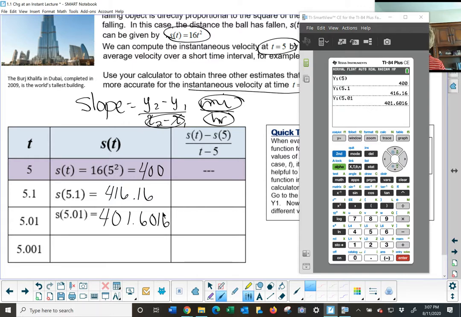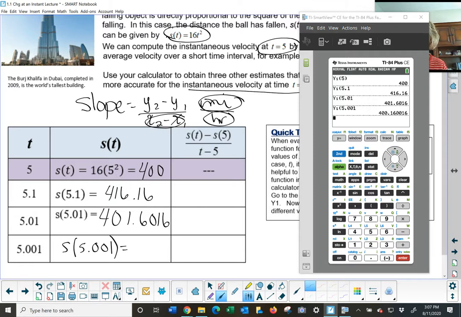Then, I see there's one more. Let's do alpha, trace, get the y1 function, parenthesis it, 5.001, and enter. You'll notice you do not have to close parentheses on our calculator. The programming language is such that it is not necessary to close it. So often you'll see that I don't take that time to close it.